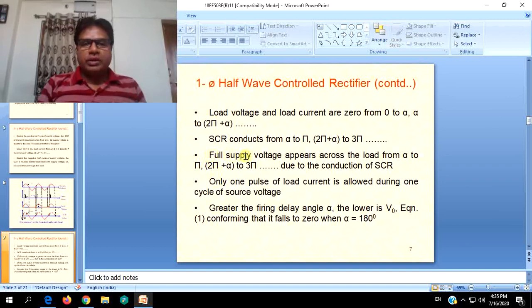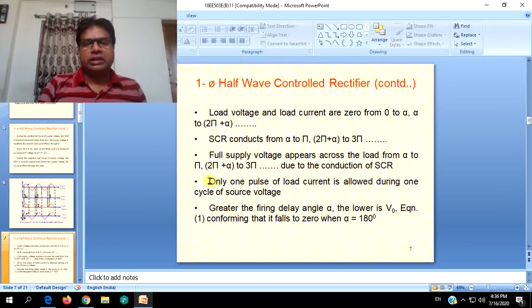So full supply voltage appears across the load from alpha to pi. From alpha to pi, SCR is conducting, so load gets full supply voltage from 2 pi plus alpha to 3 pi, and so on, due to the conduction of SCR during those periods. And interestingly, it is for half wave rectification, where we will be allowing load current to flow in only one half cycle.